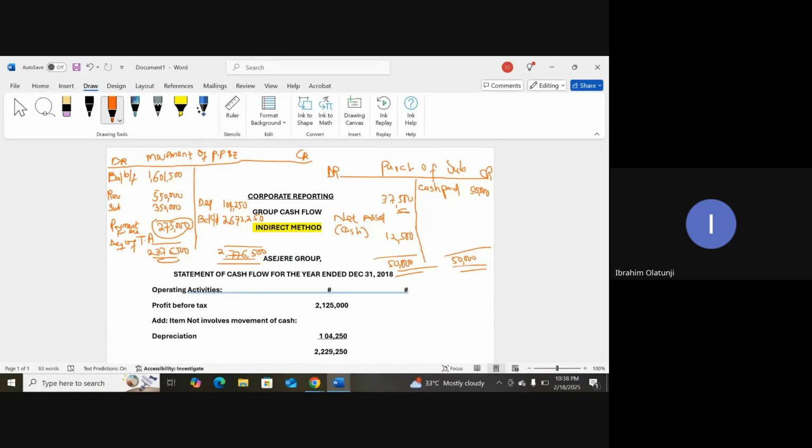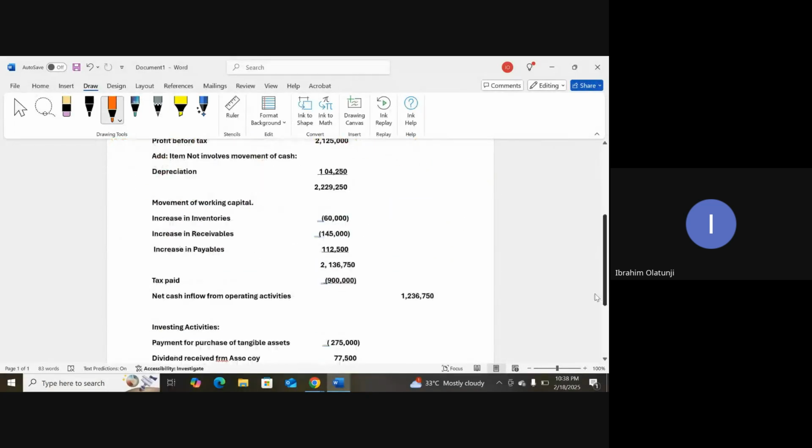So this is the payment for acquisition of subsidiary. So what are we calling the 37,500? Payment for acquisition of subsidiary.